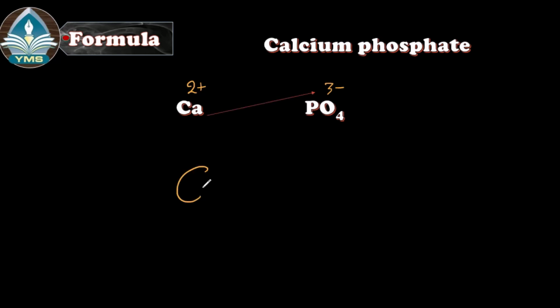So it will be calcium 3. And the phosphate, all of this PO4, will take the oxidation of the calcium, which is 2. So we will write here bracket PO4 as it is, then close the bracket and give it the oxidation of calcium, which is 2.